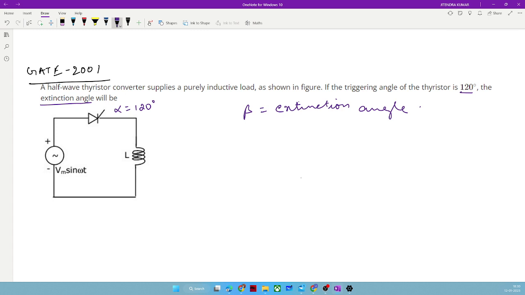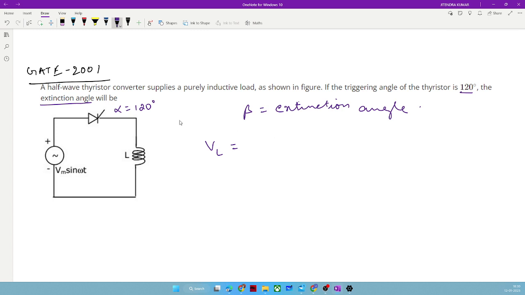Just in layman's terms, I will first say that it will charge for whatever duration of time, and it should get discharged in that much duration of time. Since it is an ideal inductor, the voltage across an ideal inductor will be zero over one time period. It means the rate of charging should be equal to the rate of discharging. We will verify that with some expressions.